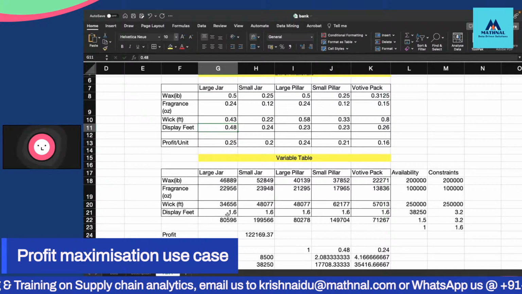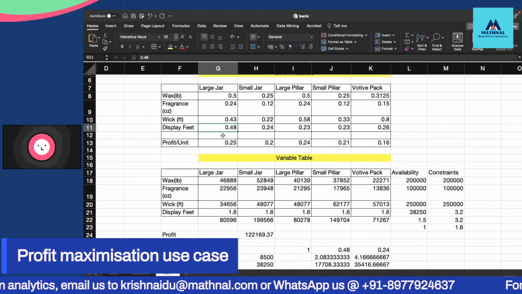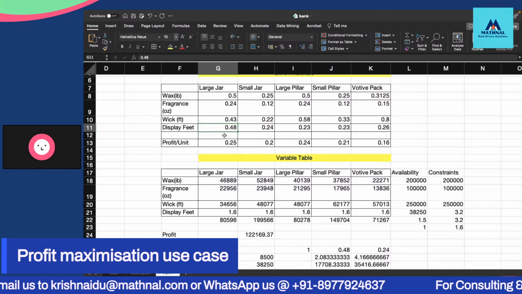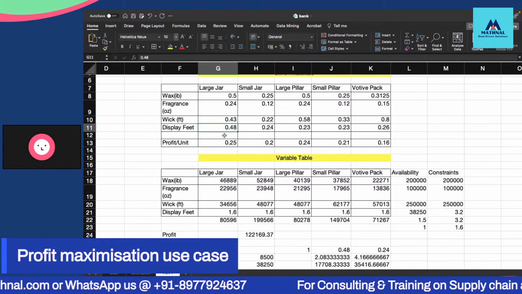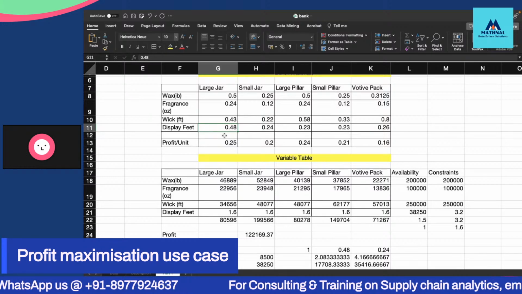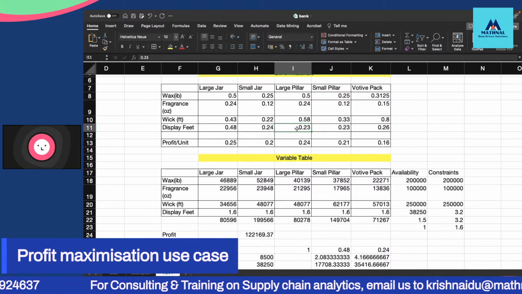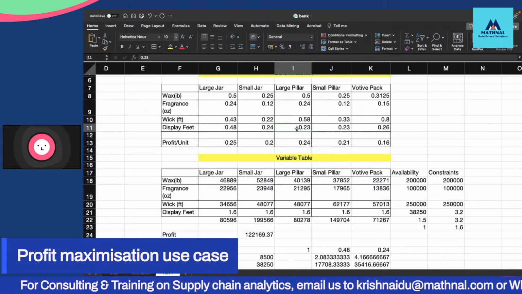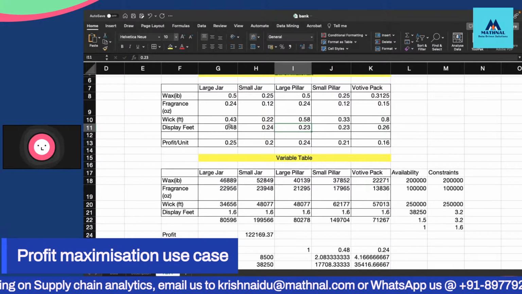For 1 jar, we require 0.48 feet of display feet. The constraint here given is 0.48 plus 0.23. This should be for one jar or for one store. For one store.